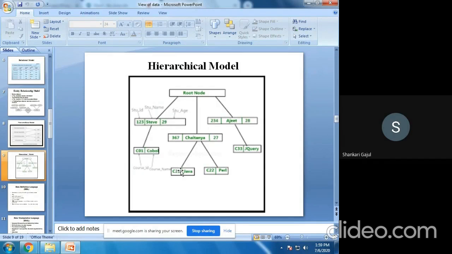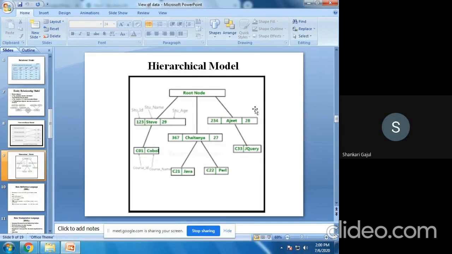It is a collection of records, and the relationships can be represented via links, but they should be represented in an arbitrary graph format. Each field consists of one and only one data value. So this is the root node, this is the parent node, and these are the leaf nodes.